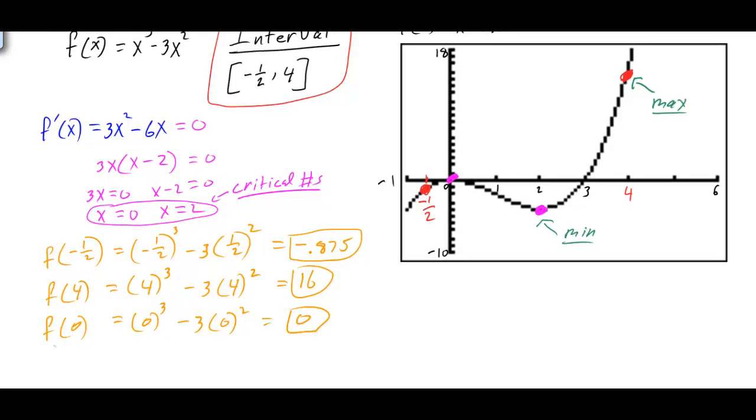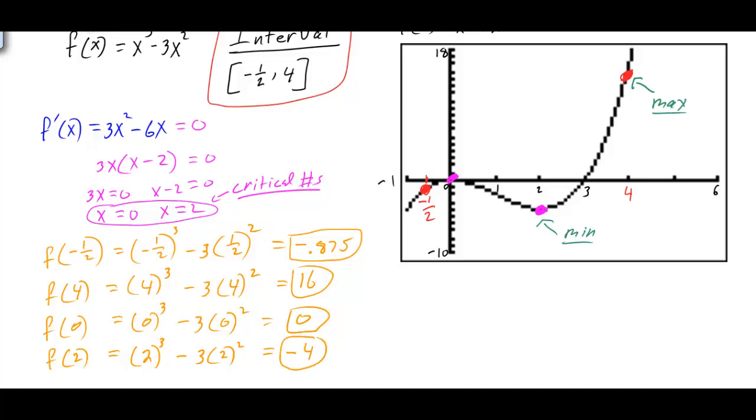And then if we evaluate 2, we're going to end up with 2 cubed minus 3 times 2 squared, and that's going to be equal to negative 4.